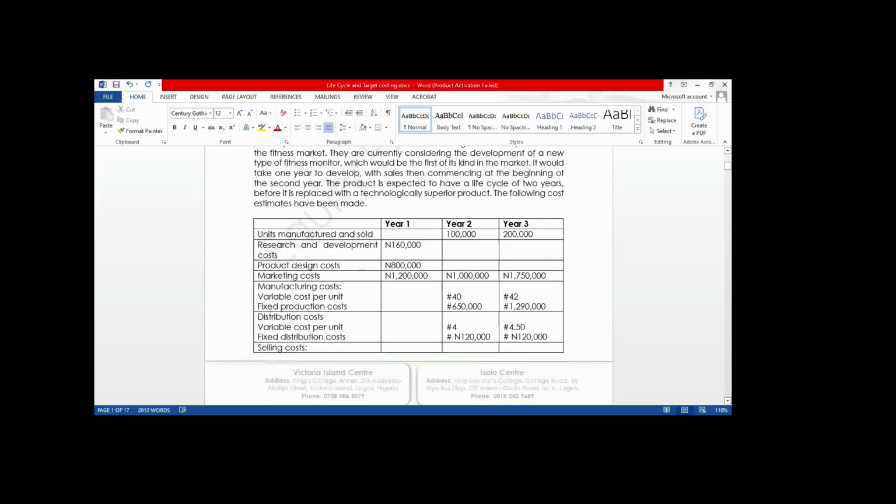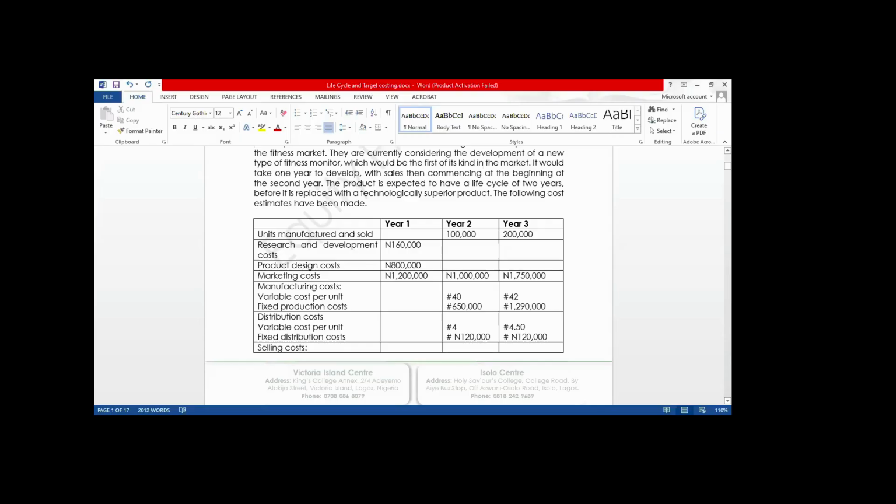We now have research and development cost, product design cost, marketing cost. Then we have manufacturing cost. Manufacturing commences in year 2. Under manufacturing cost, we have variable manufacturing cost and fixed production cost.